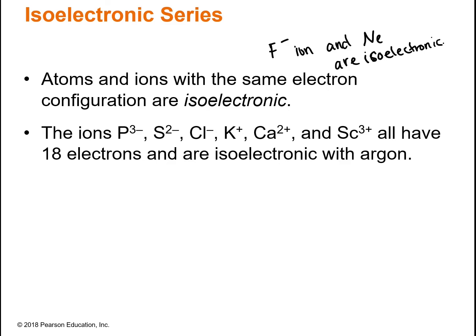They have the same number of electrons. And I go through and do an example in the YouTube video, I think I talked about potassium and phosphorus being isoelectronic with argon. But if you understand the concept of the positive and negative ions, the isoelectronic series should be easier for you.